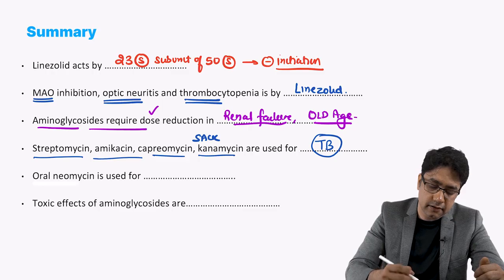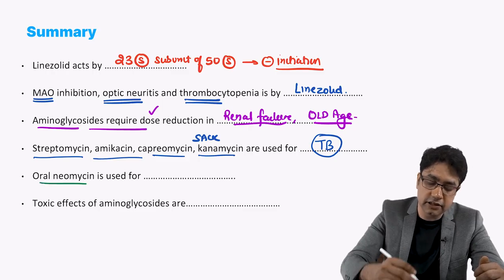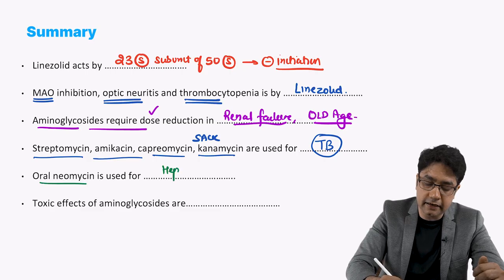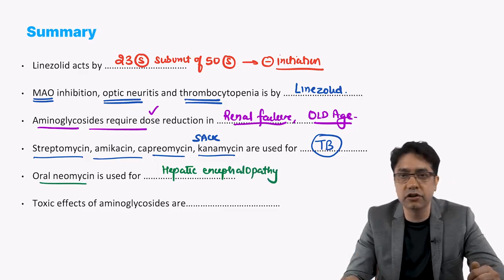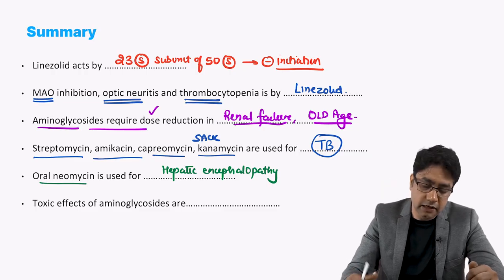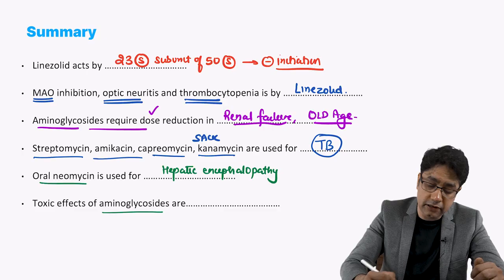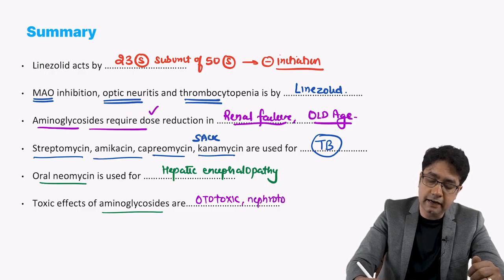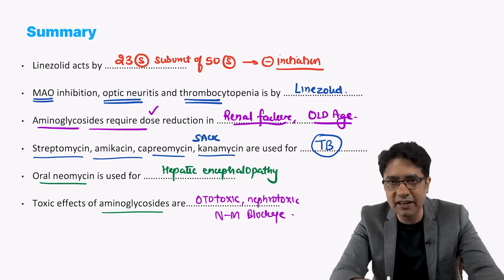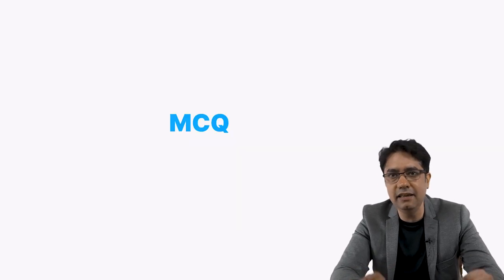Oral neomycin, if you remember gut sterilization, kills GIT bacteria. It was given for the treatment of hepatic encephalopathy to reduce ammonia production from GIT bacteria. What were the toxic effects of aminoglycosides? 3 toxic effects: ototoxic, nephrotoxic, and neuromuscular blockade. Because of neuromuscular blockade, aminoglycosides were not given in myasthenia gravis.